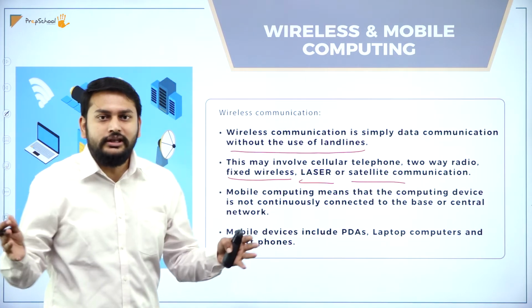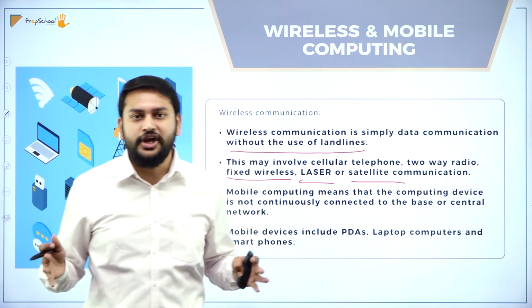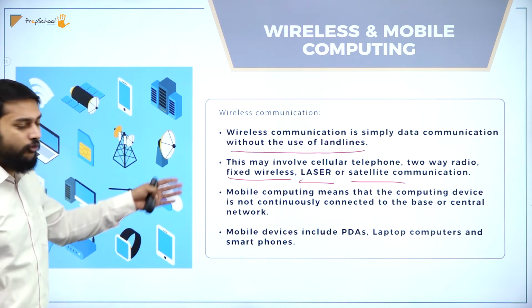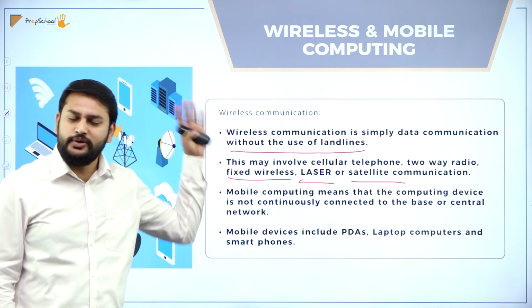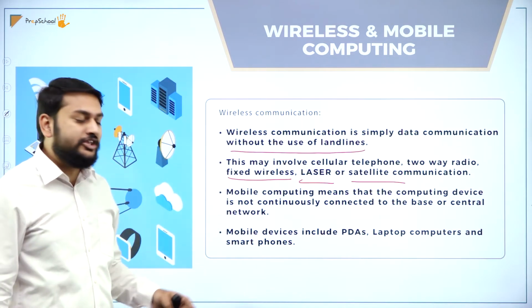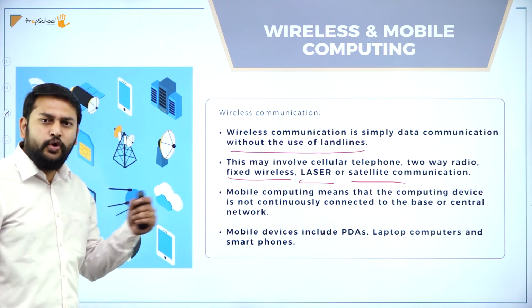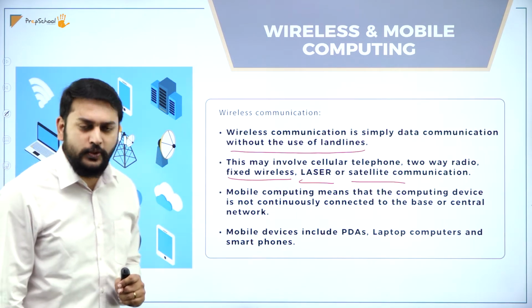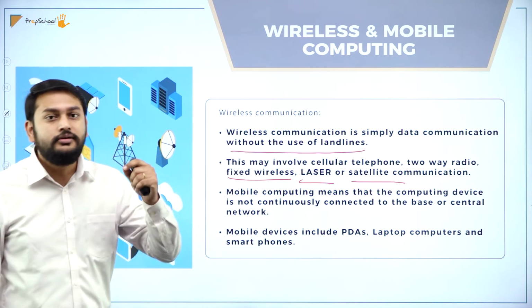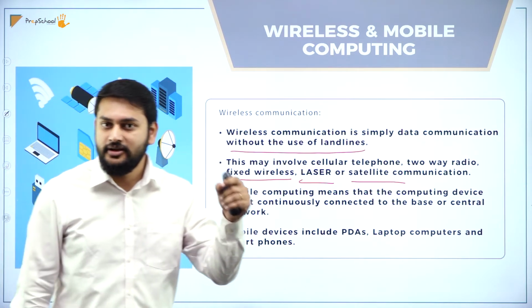Basically, I'm not using any guided media for my communication. That's what I will call wireless communication. We have already discussed this in detail in the previous topic on transmission media. If you want to know more about it, please go back to my previous videos and check what I have discussed with respect to unguided media and guided media.